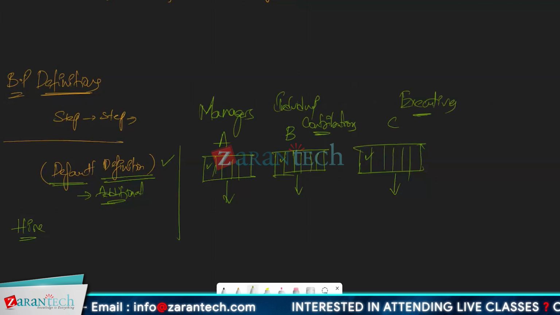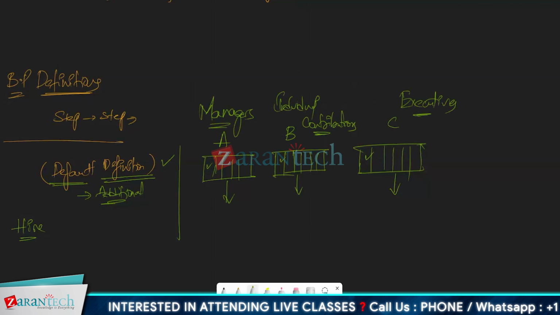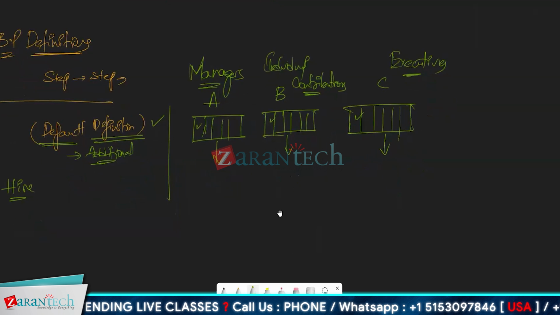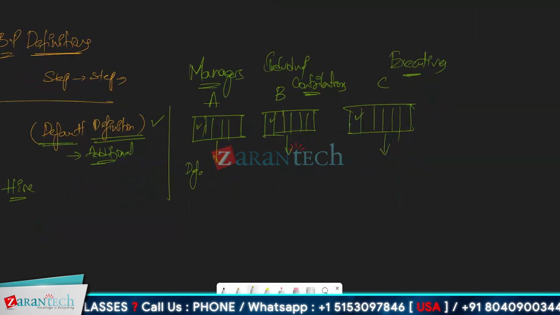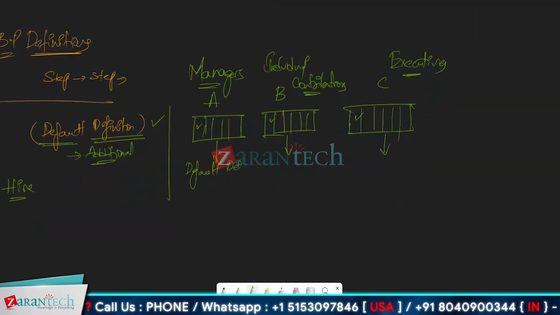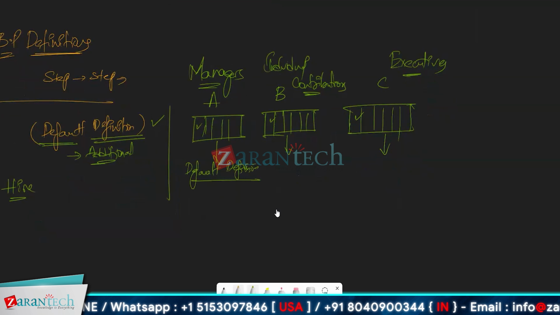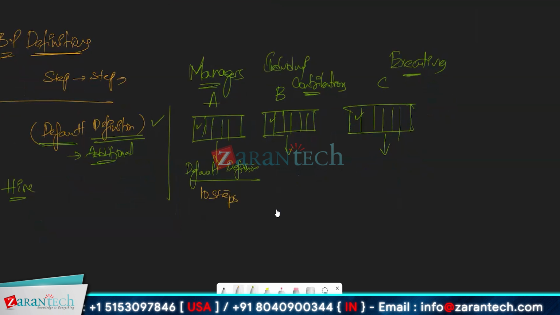Just suppose these are the three groups of people and your client wants different versions. For all the employees from group A, if the employee is a manager, you want the default definition itself. Let's suppose the default definition has about 10 steps before it gets completed.